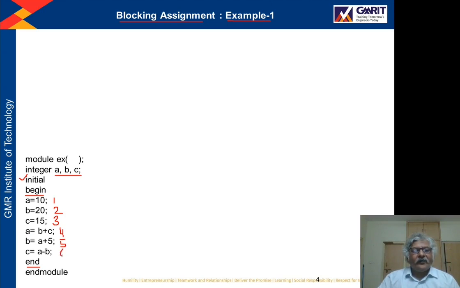And the sixth statement is C is equal to A minus B. So here, since we are using this equal to symbol, this implies that these are blocking assignment statements.